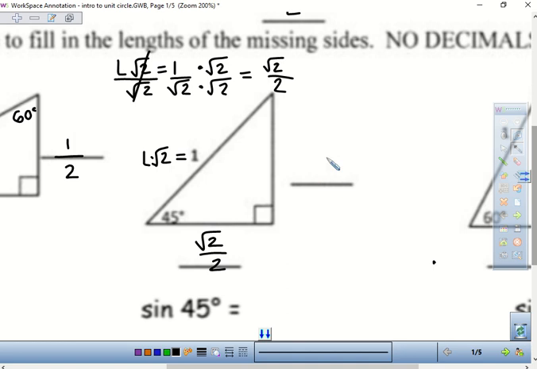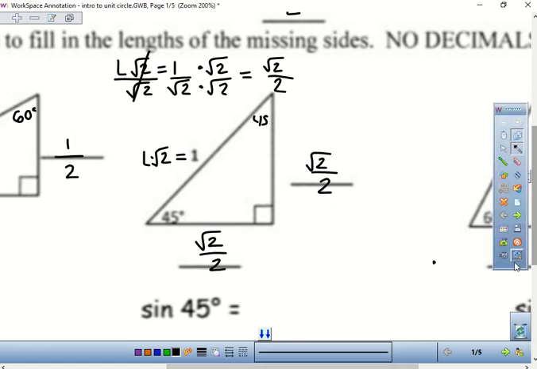And what's this side over here? Same thing, because we know that these triangles are right isosceles, so the two sides are just plain L. Does everybody see how we got that? Rationalization just means you get the radical out of the denominator by multiplying by the same thing on top and bottom.